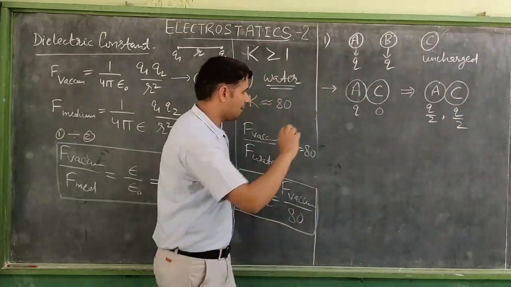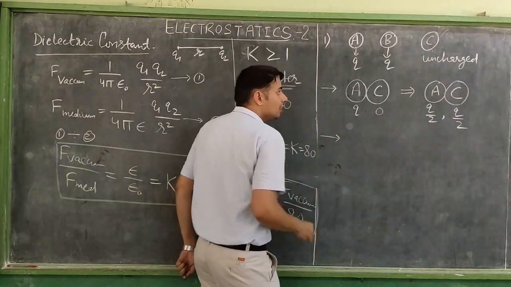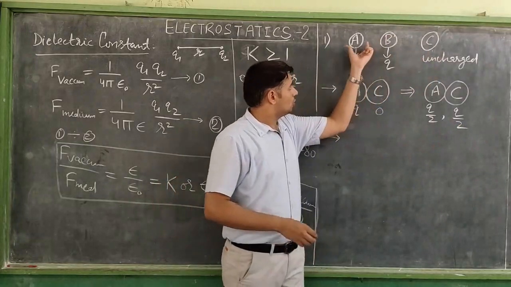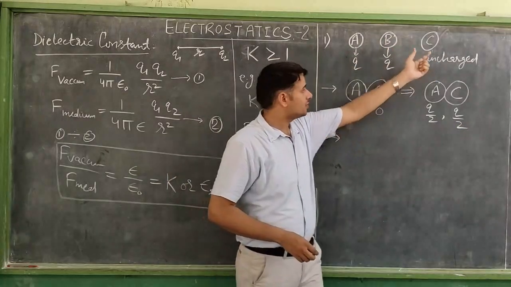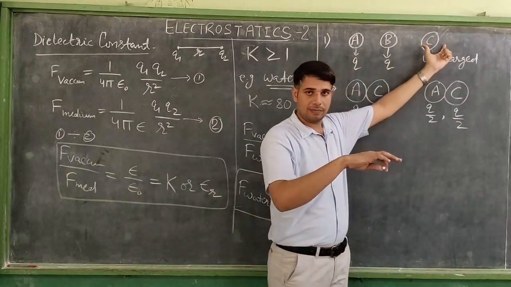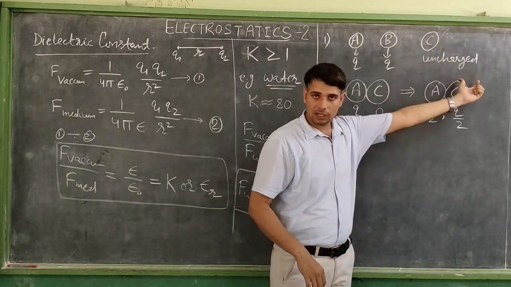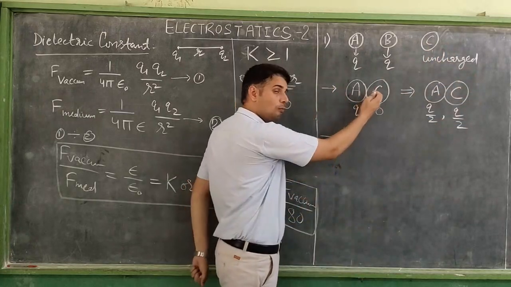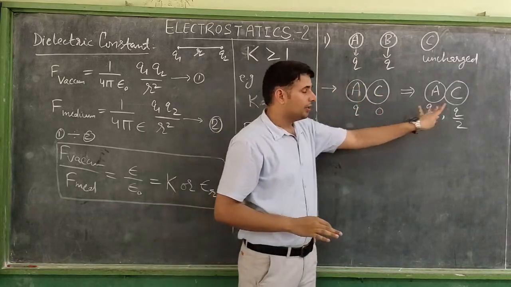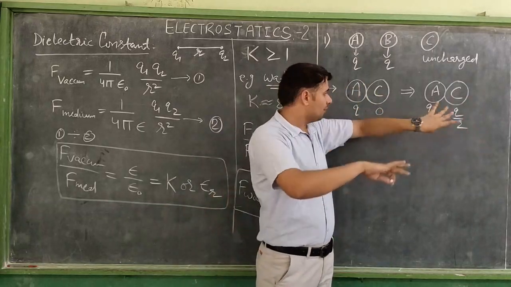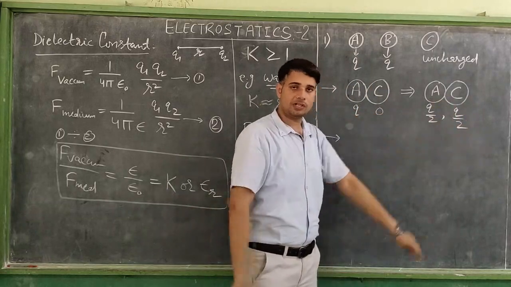In the second step, what are they asking? Two identical metal spheres with charge Q, and C, the third metal sphere, was uncharged. In the first step I put the third sphere in contact with A and then separated them from each other.